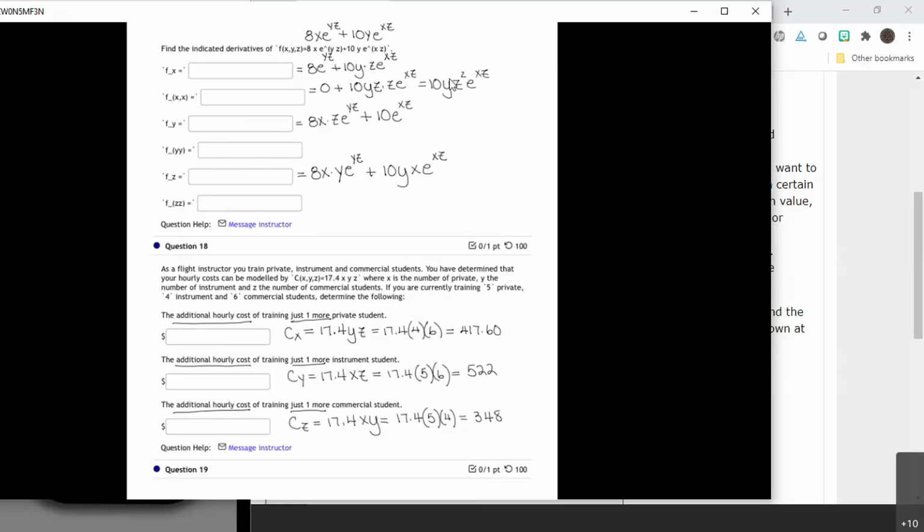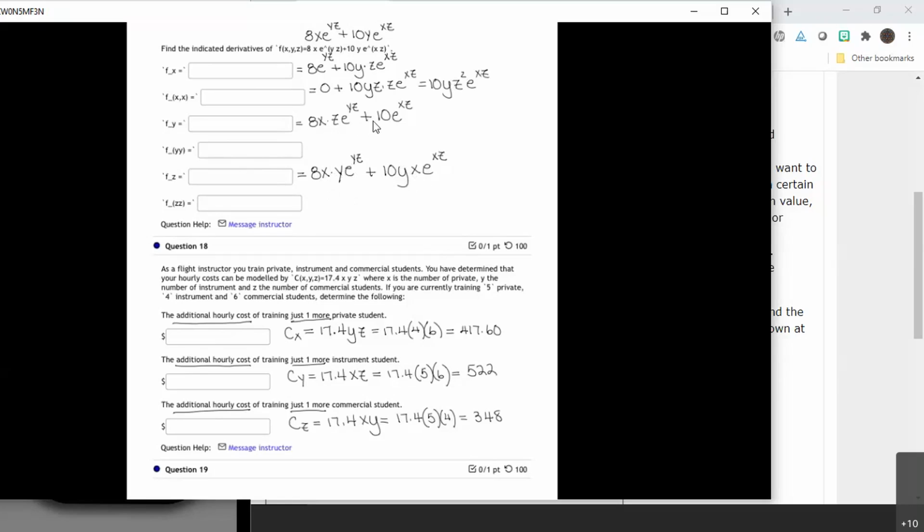This one is the gnarly one when you take this derivative again, but you're just accumulating another y and another x, so that's not terribly hard.